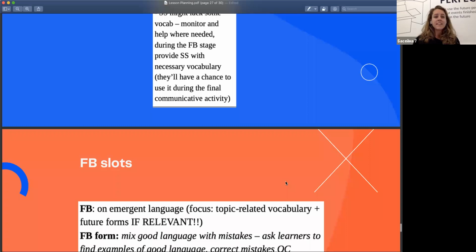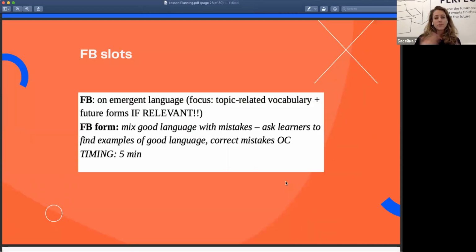Okay, another elusive component is feedback slots. I love planning them beforehand after each activity. What will I actually do? Let's imagine that I have a speaking activity with my students, leading a discussion about their favorite types of food and dishes, where they like eating, and so on and so forth. I will have feedback on emerging language.